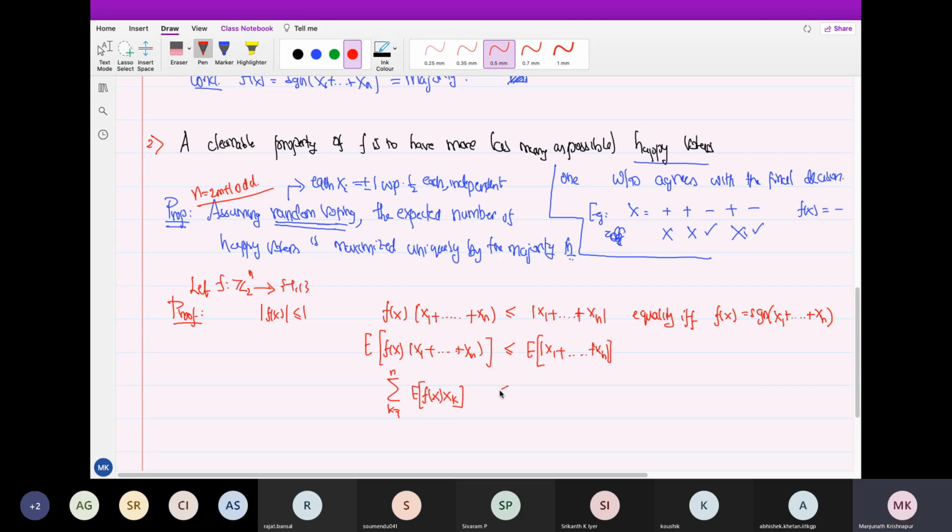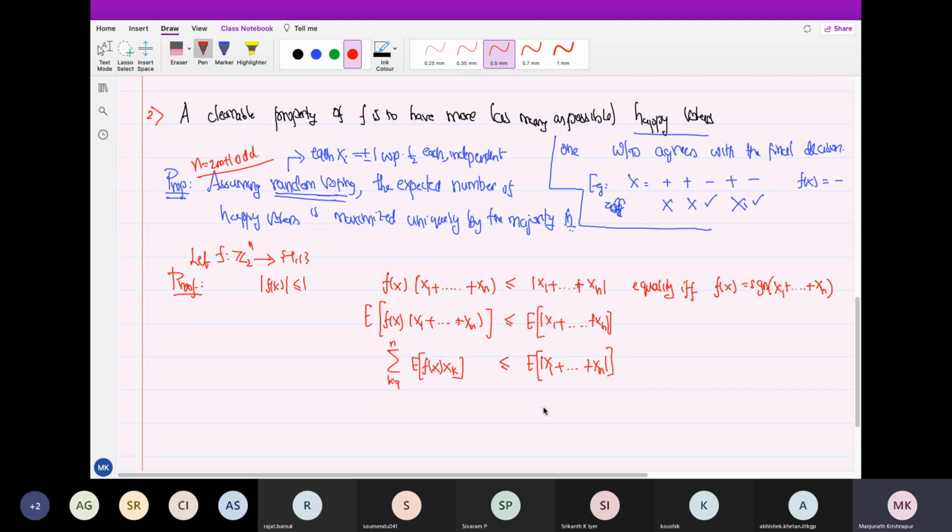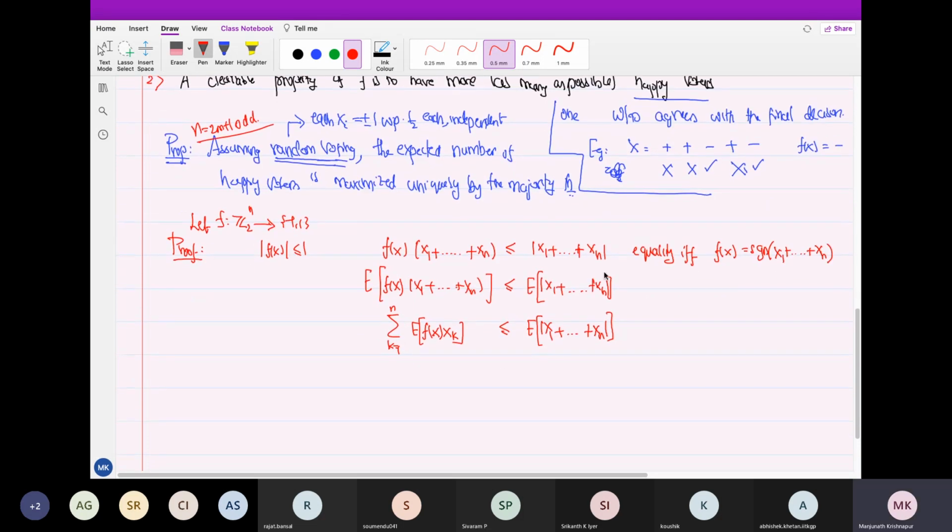So this is less than or equal to this. So these are all inequalities, and here the equality holds x by x if f(x) is the sign of that.